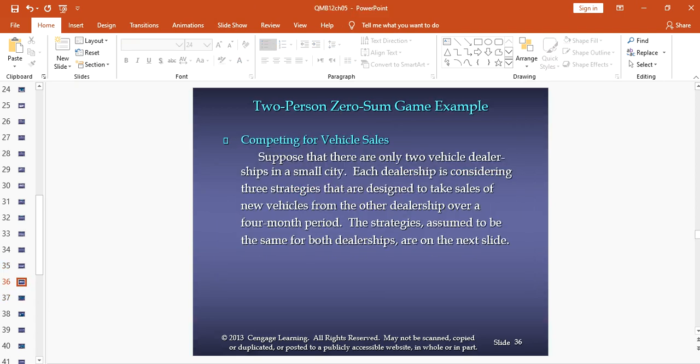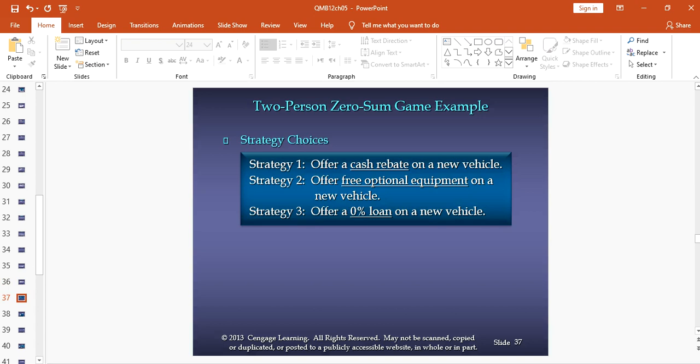Okay, so here's one example. Suppose that there are only two vehicle dealerships in a small city, and both want to sell new cars, and they are establishing strategies for a 4 months period. The strategies are assumed to be the same for both dealerships. Strategy 1 offers a cash rebate on a new vehicle, so whoever buys a new car will get a cash rebate.